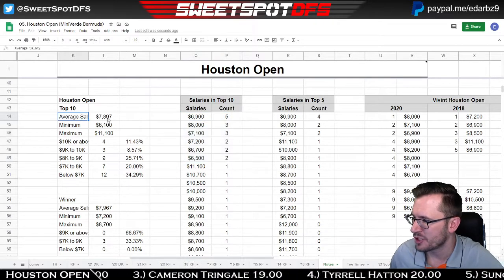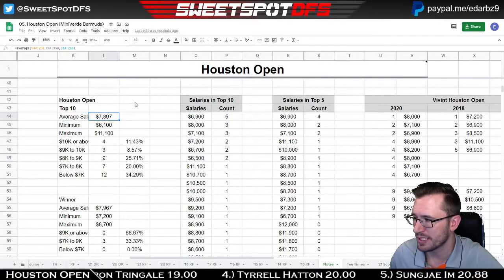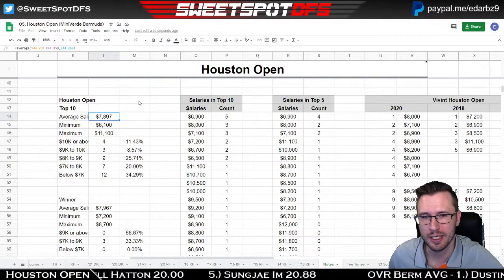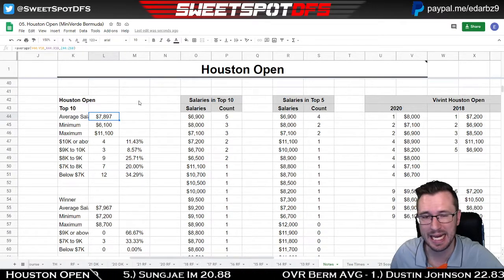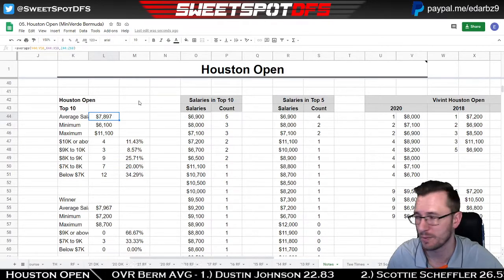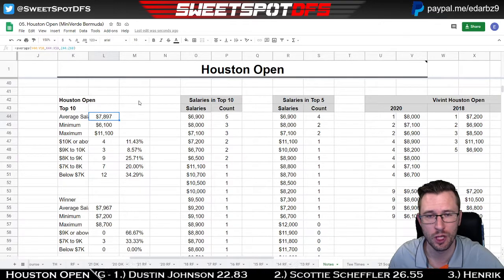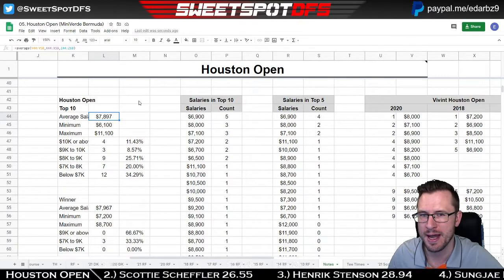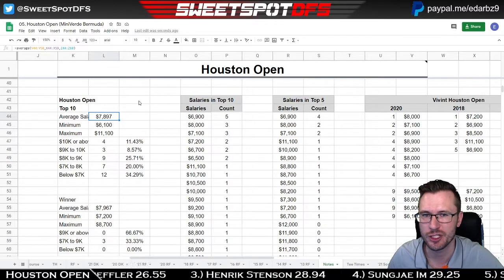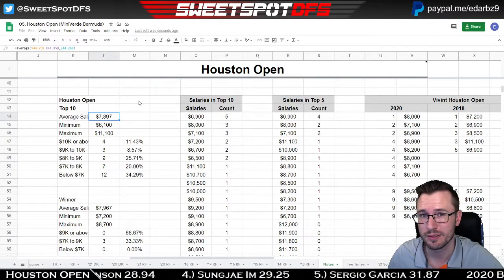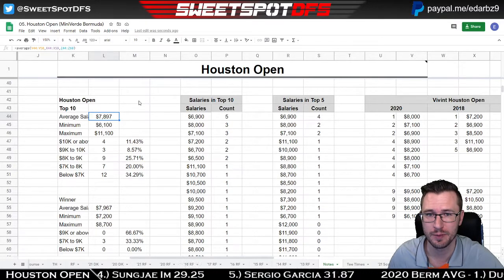I do an average salary over here. The average salary is 7,897 in the top 10. What that tells you is DraftKings has 8,300 that you can work with making lineups. Whenever this number is lower than 83.33, it's basically telling you not a lot of high price guys finish inside the top 10 or top 5, which means you could leave a lot of money on the table.